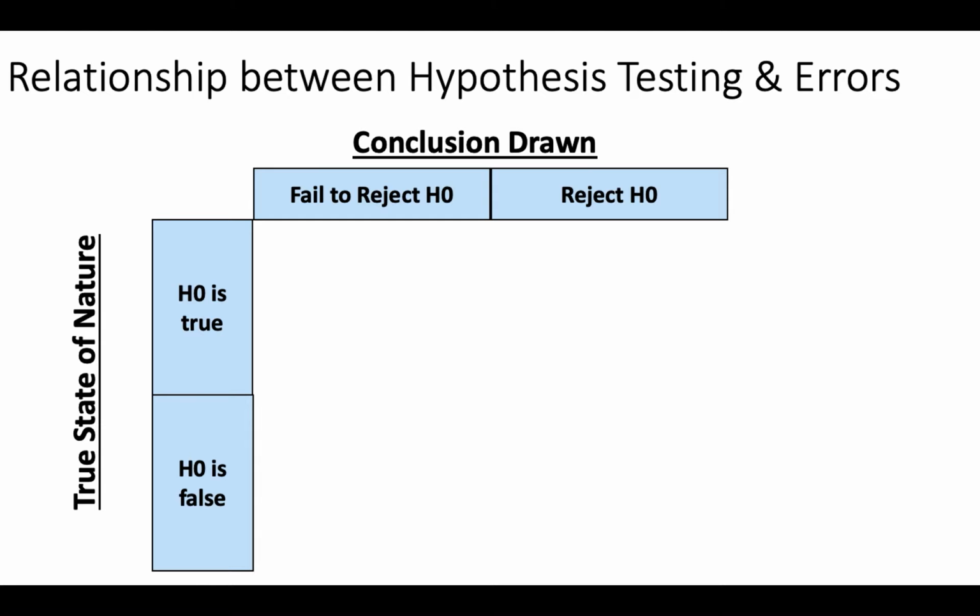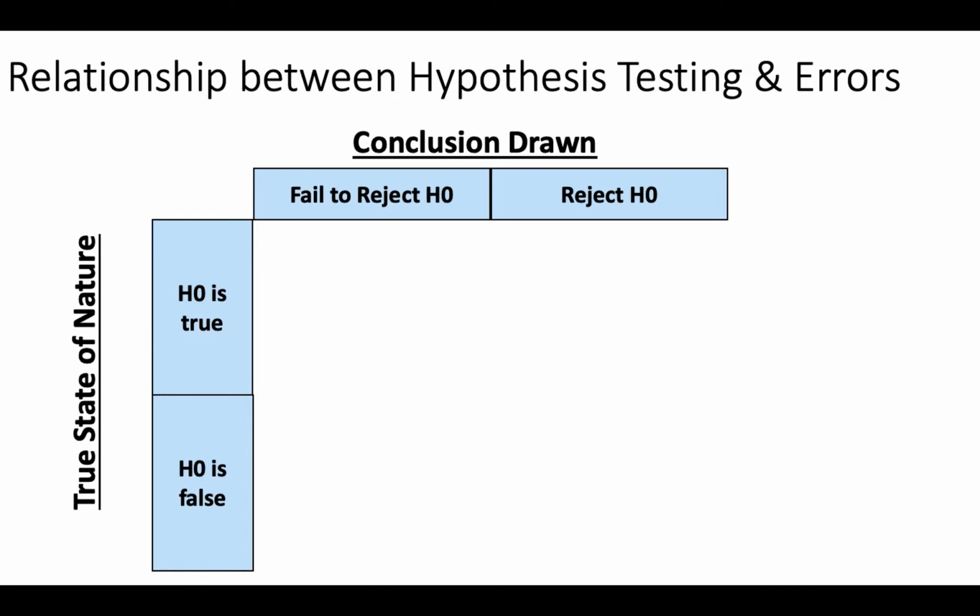We can fail to reject our null hypothesis, or we can reject our null hypothesis. On the left side of the screen, you will see the true nature, the true state of nature in relationship to our hypotheses. So this means despite what we've run, despite our calculations, despite what our data is saying, in reality, is this null hypothesis true or is this null hypothesis false?